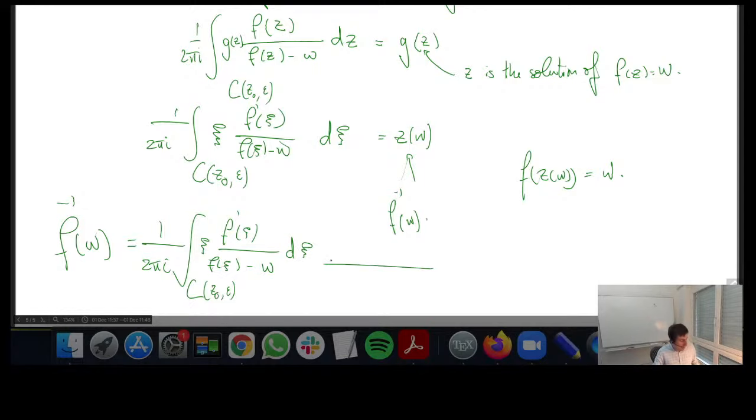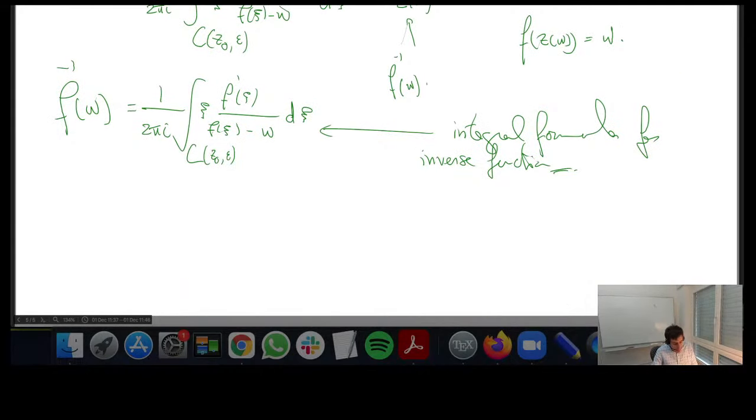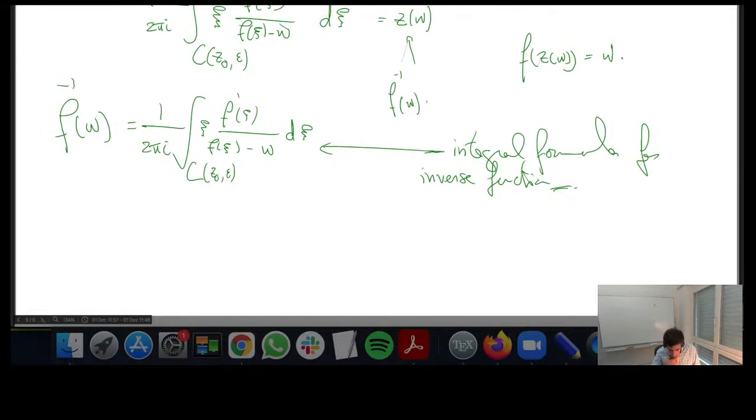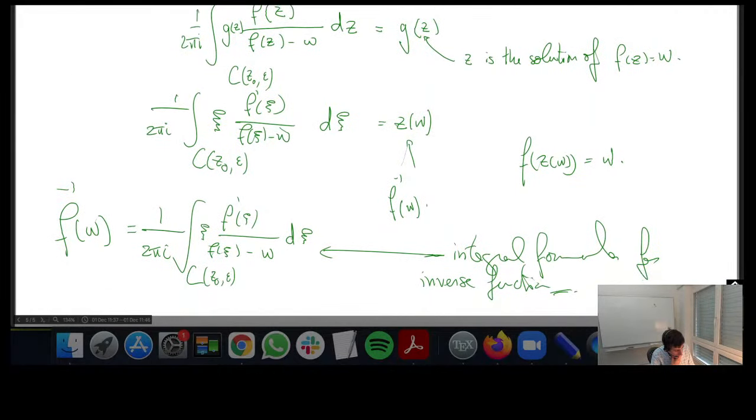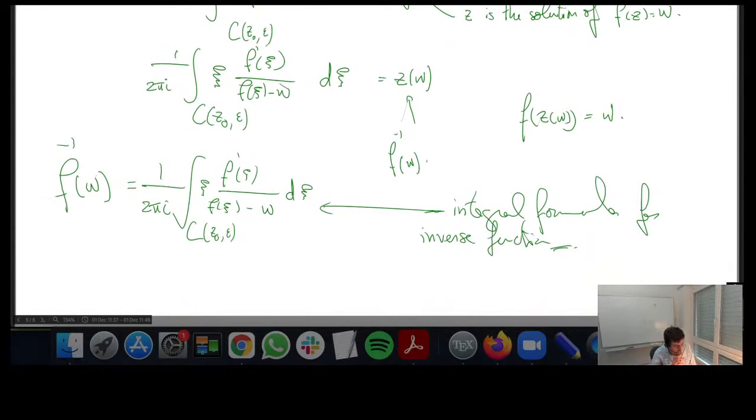So an integral formula for the inverse function. And this is all in the neighborhood, of course.